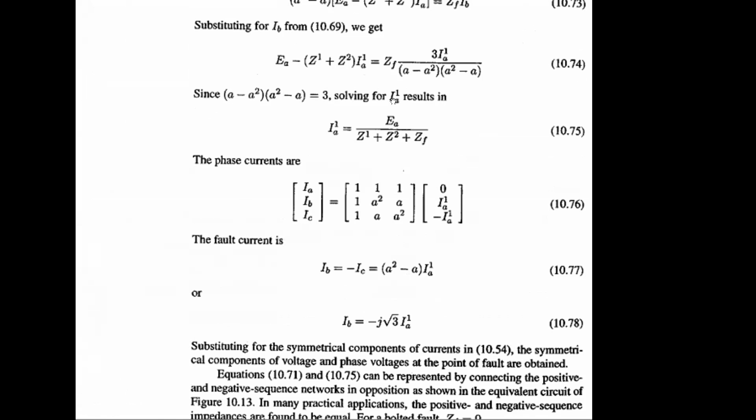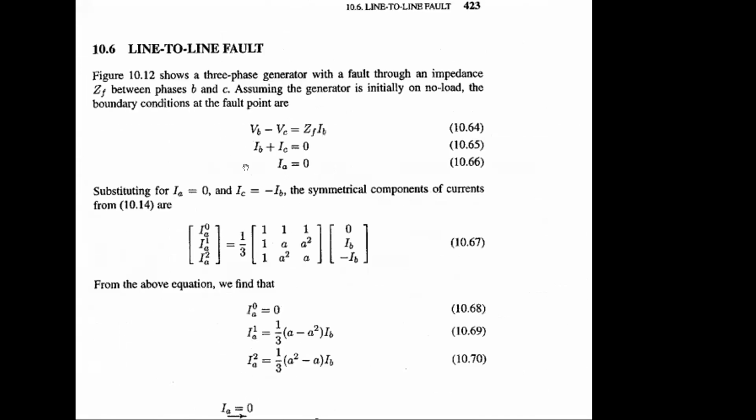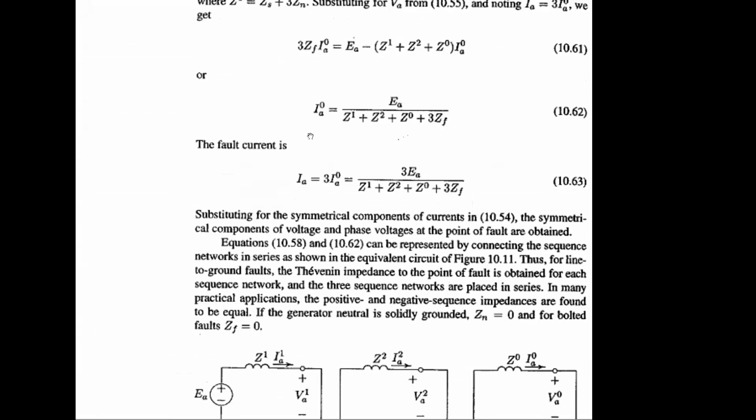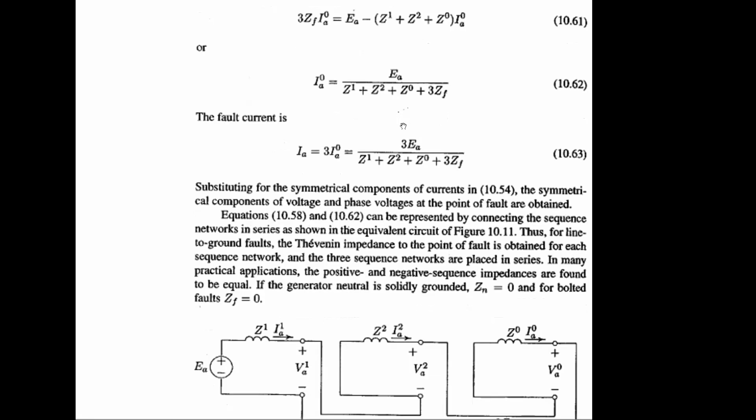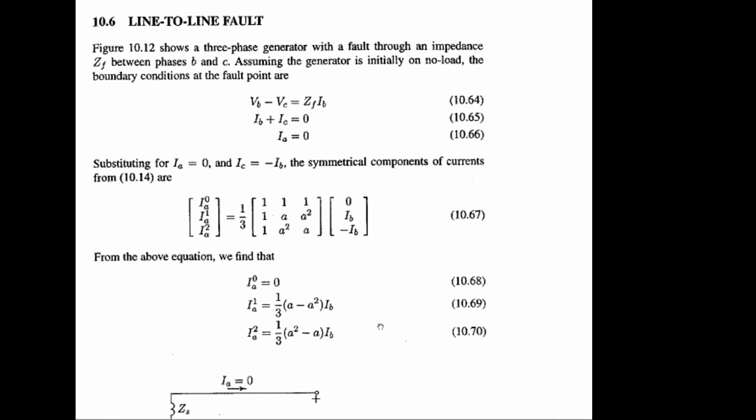It can be different for other scenarios. For the single line case, the IA expression will include Z1, Z2, Z0 as well as ZF. Z0 will be there, but for line to line fault it is not. Based on this circuit equation, you can draw the equivalent circuit, and they are different for different scenarios.